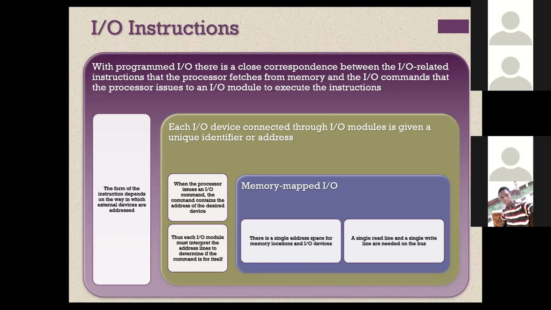Again, with the 10 address line example, the system may now support both 1024 memory locations as well as 1024 I/O addresses for the devices. Now, because the address space for I/O is isolated from that of the memory, this is referred to as isolated I/O. Very simple concept.